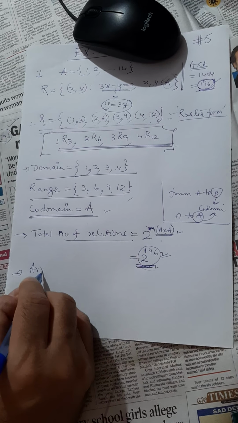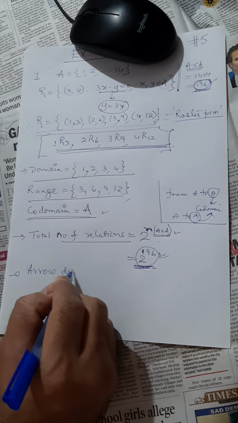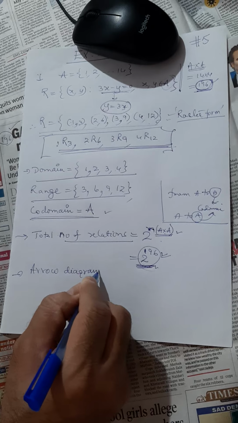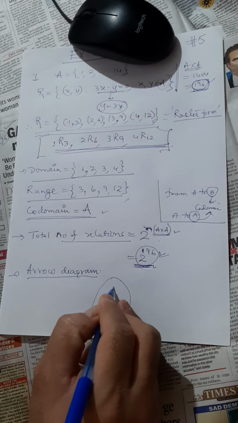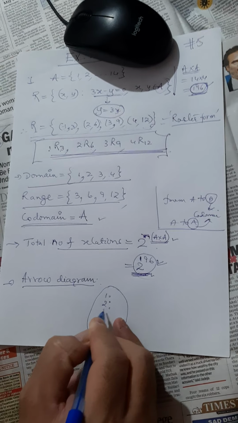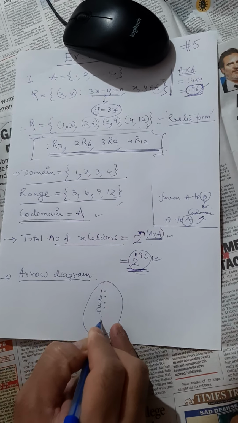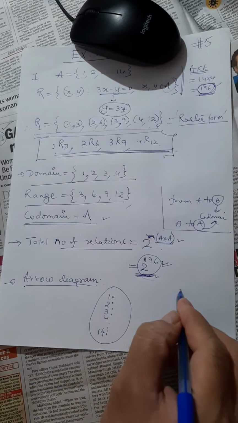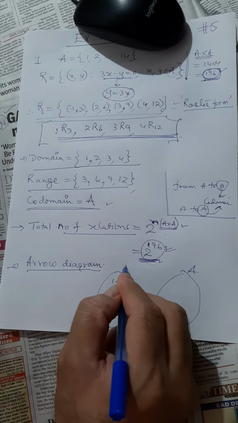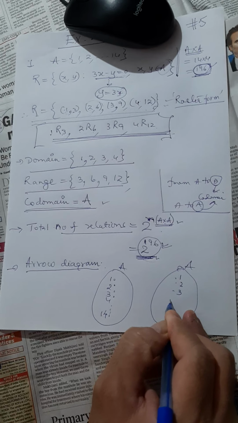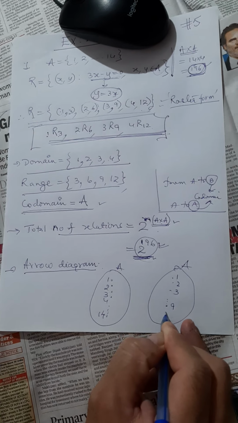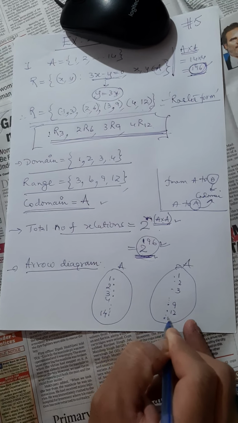Arrow diagram. This is again not asked, I'm just showing you. So you have set A with 14 members, 1, 2, 3, 4 and so on up to 14. You have another set, again A. This is a relation from A to A. So 1, 2, 3, then somewhere you have 9, then somewhere you have 12, and then you have 14.